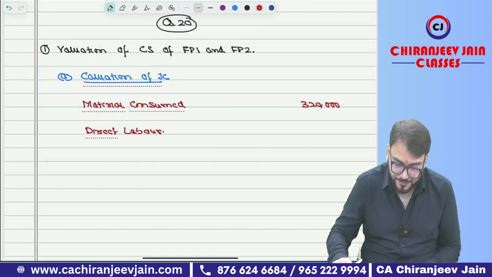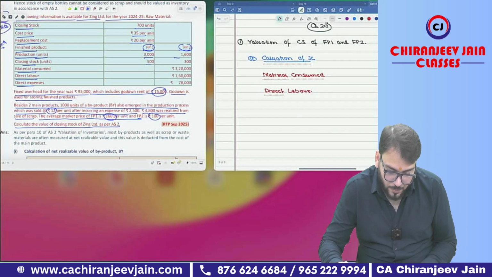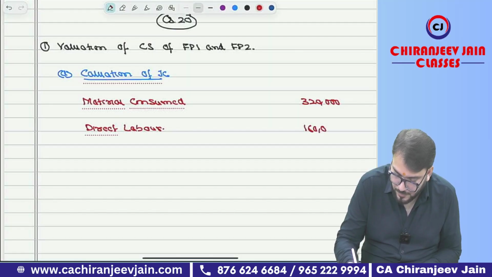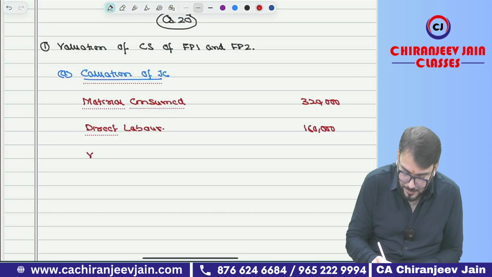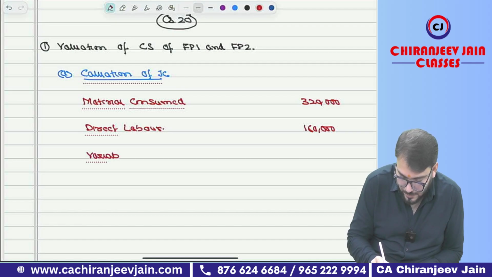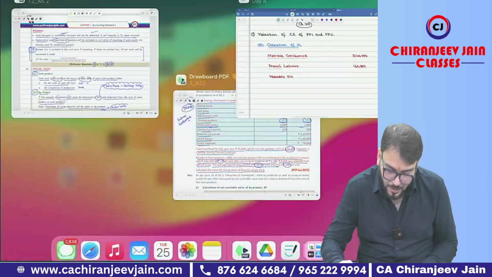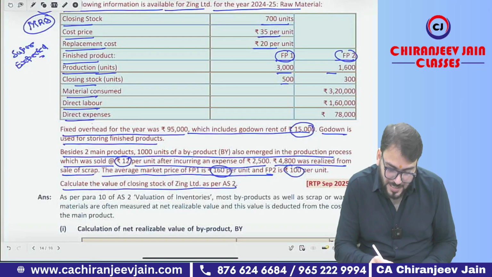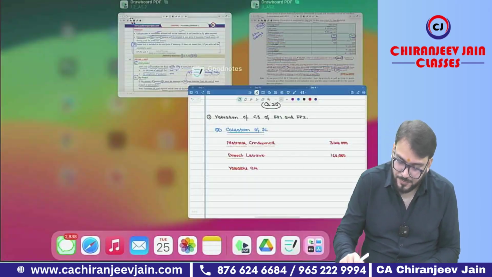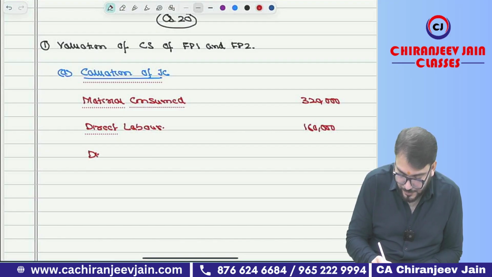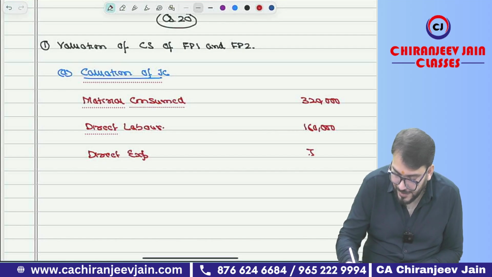Then direct labor, 1,60,000. Then direct expense, which they have given, 78,000.